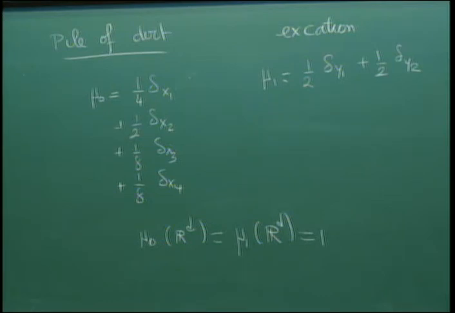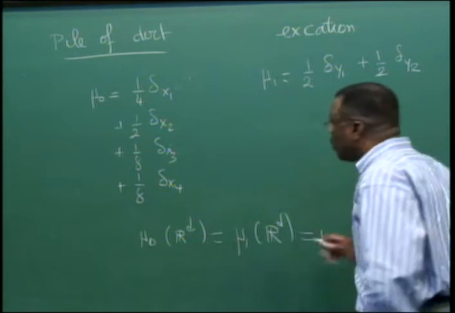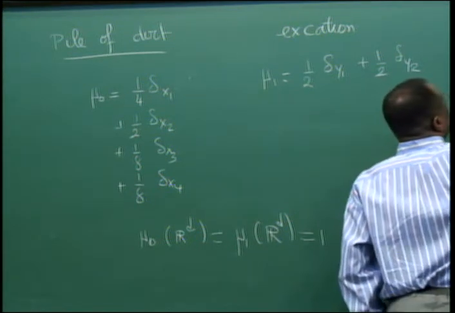So in general, the problem will be given two arbitrary probability measures.